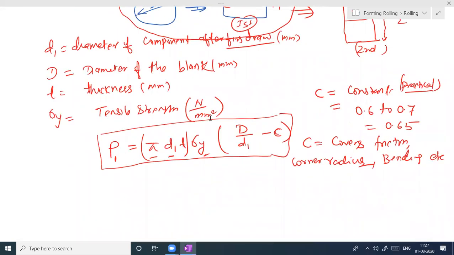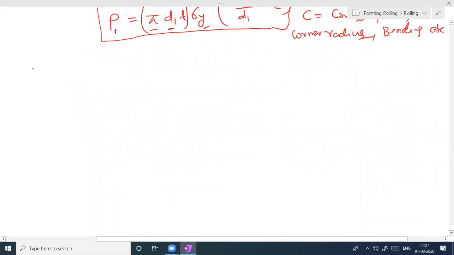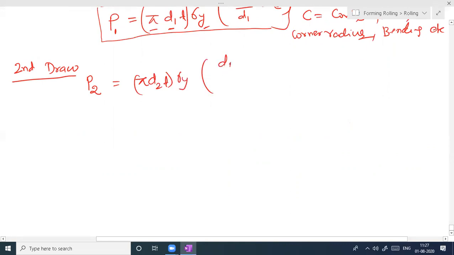Now, if first draw is over, for second draw, P2 will be equal to pi d2 t sigma y, and now that capital D will change to d1, because for the second draw, after first draw it is not a blank, basically it is your half or semi cup.